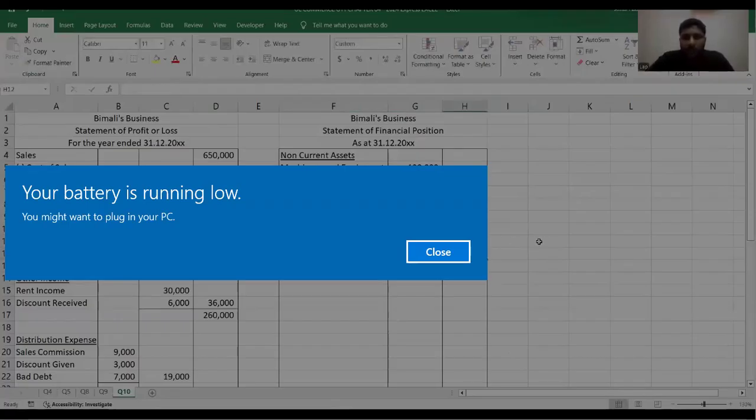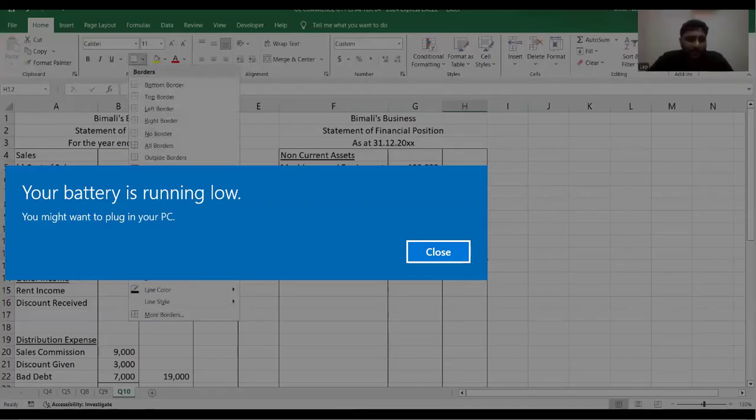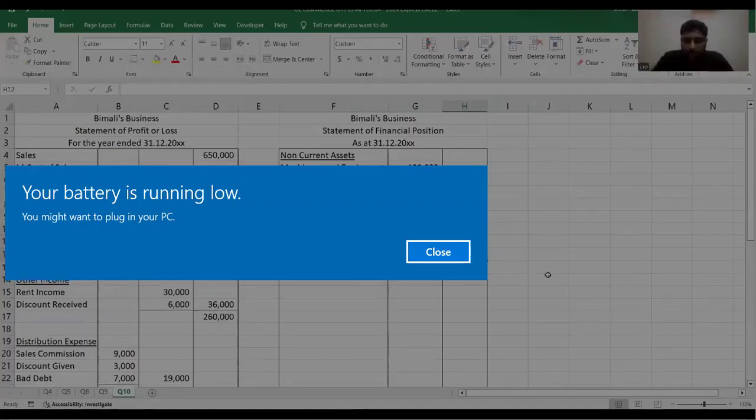So the total value is 189,000. Now let's take the total assets. $809,000.